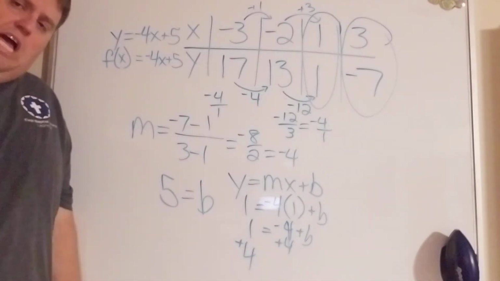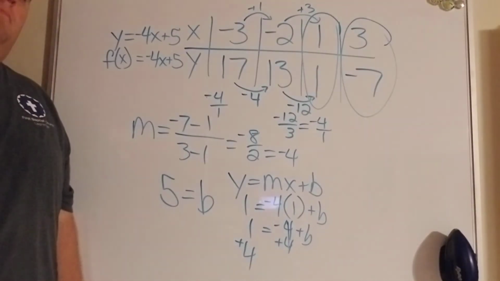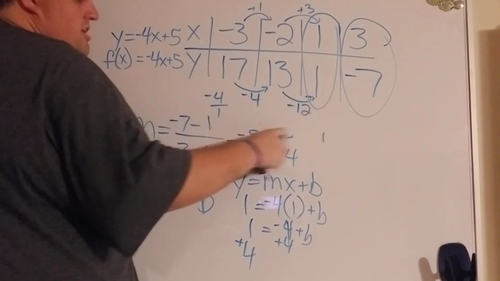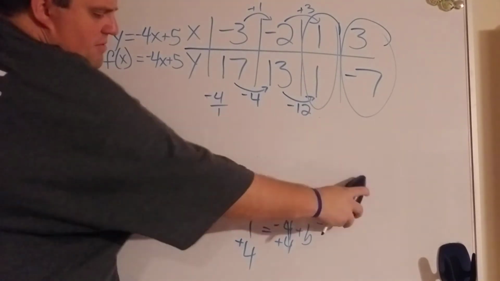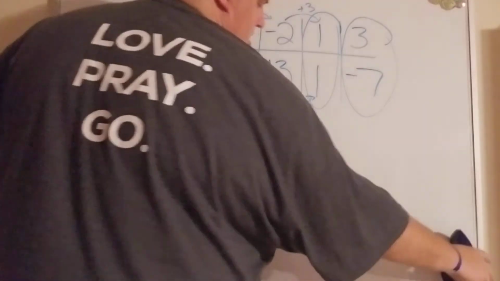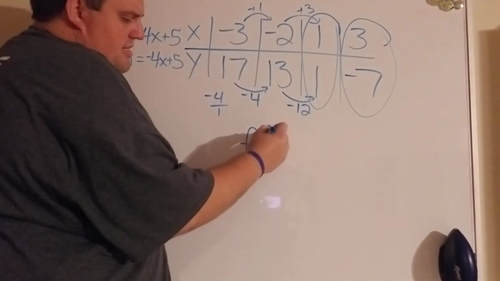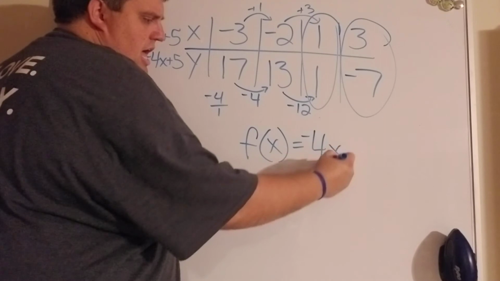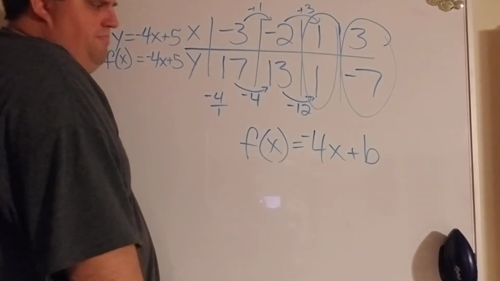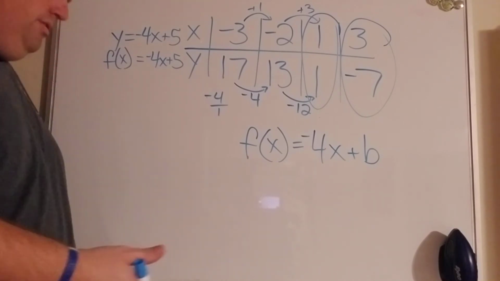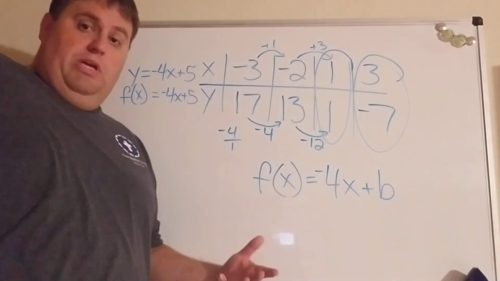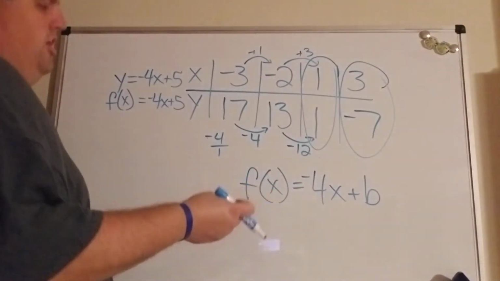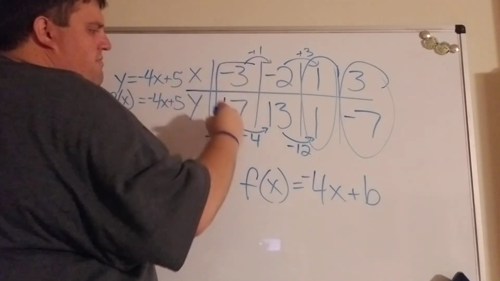What I could also do is kind of use the idea of function notation right away. So rewind with me a little bit. We just looked at the change in the table up here, and we saw that it was always negative 4 over 1, right? So what you're telling me is that f of x equals negative 4x, and we don't know what b is. Well, another option is if we find the slope in the table, which we can do easily, just look for that constant rate of change. What I can do is use a point, so this time I'll use negative 3, 17.